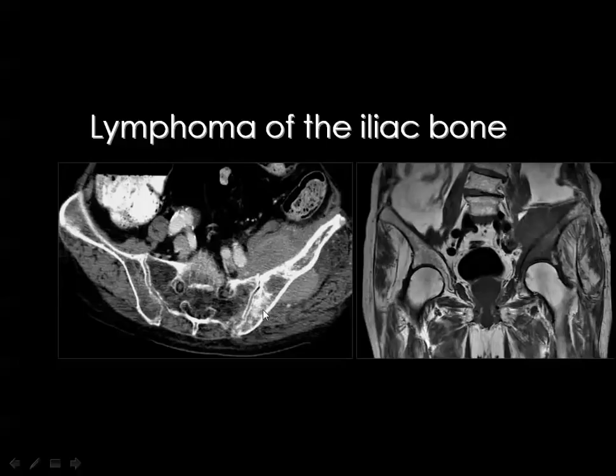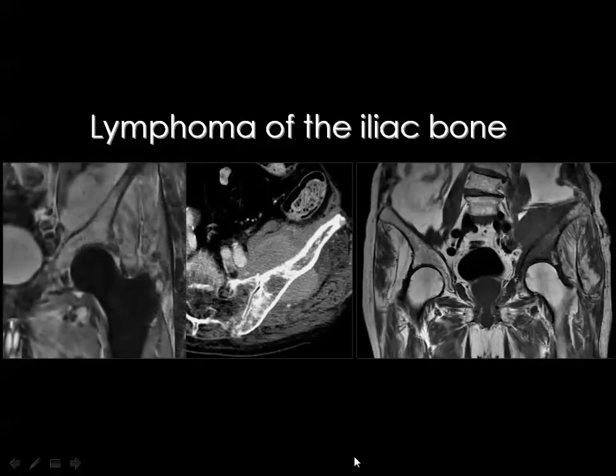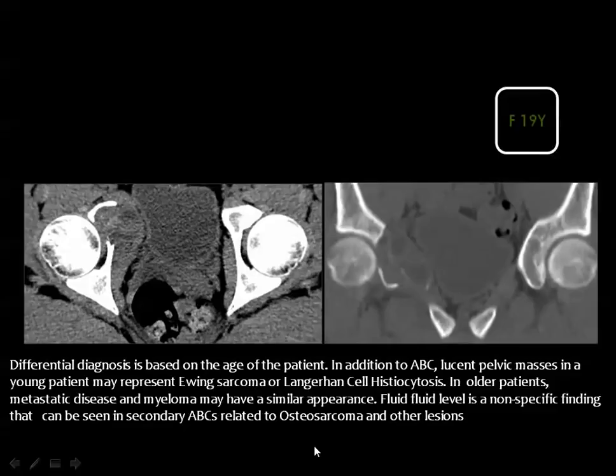Sclerosis is one of the features of lymphoma, and you have an extraosseous soft tissue component outside the pelvis as well as inside the pelvis. In the T1 weighted image, you see the bone marrow infiltration by lymphoma and the extraosseous soft tissue component.